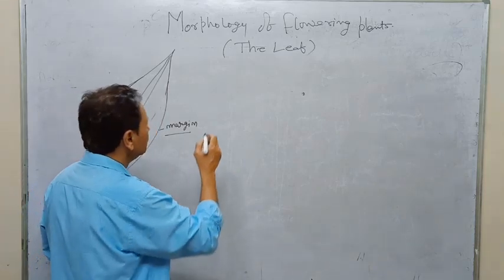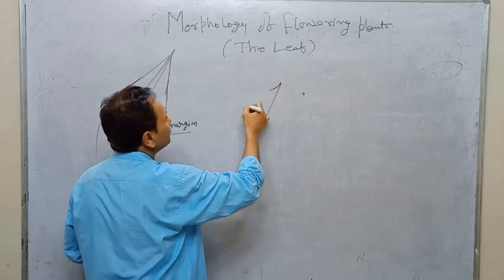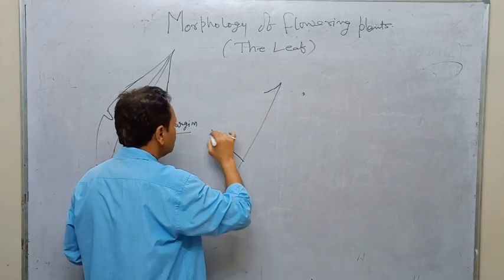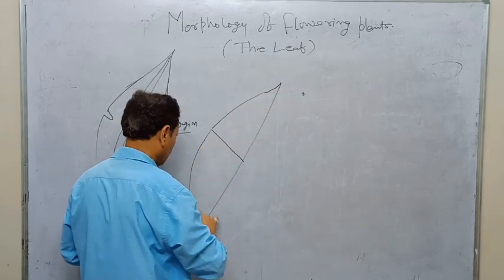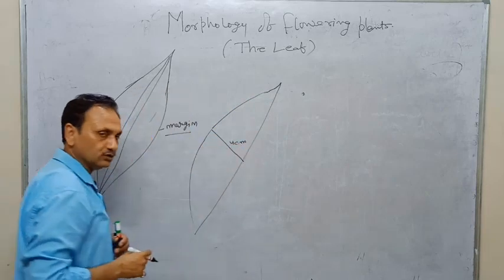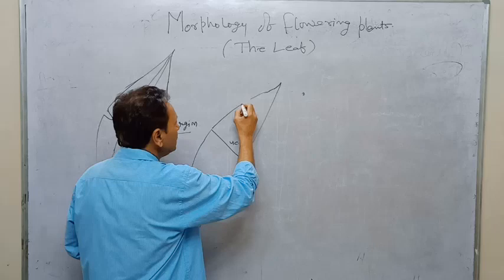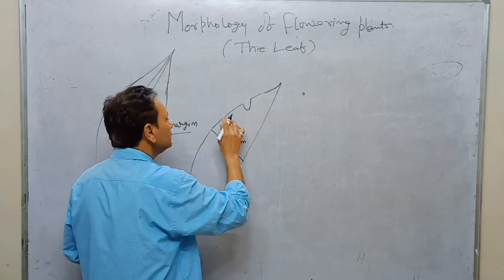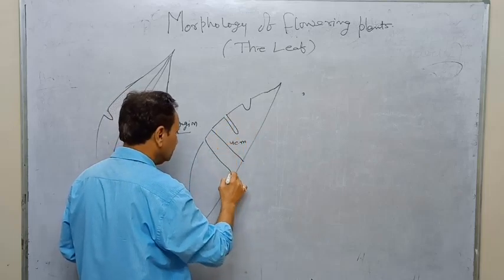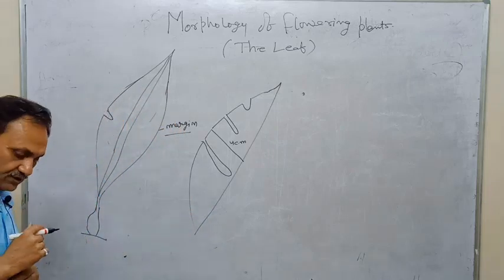Now suppose this one is the midrib and this one is the margin, and this distance is about 4 centimeters. Suppose the incision is like this, like this, and like this. Three types of incision we are visiting here.